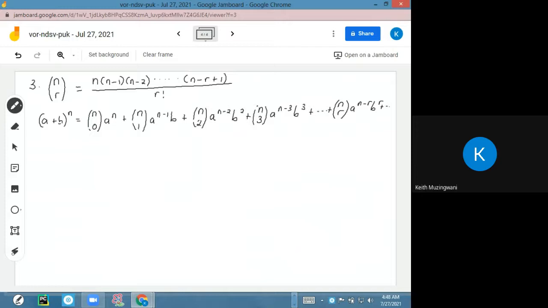So the task is we want to show that this coefficient here can actually look like this.